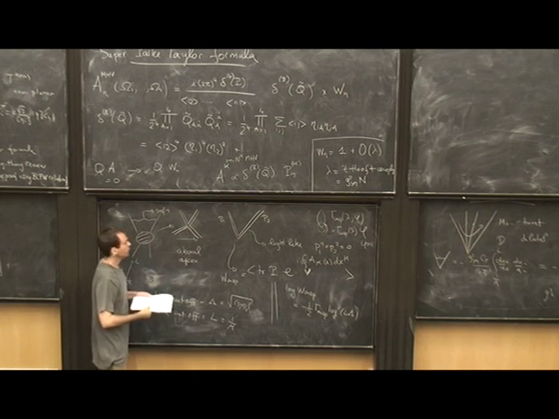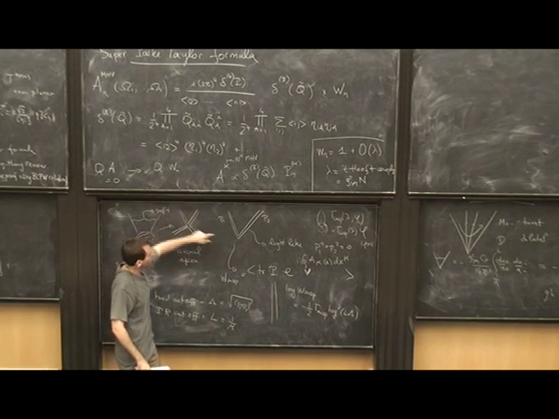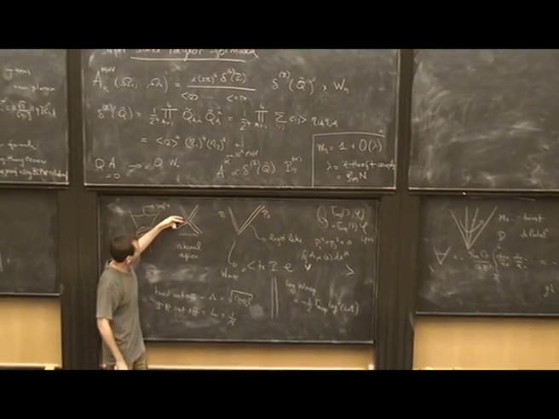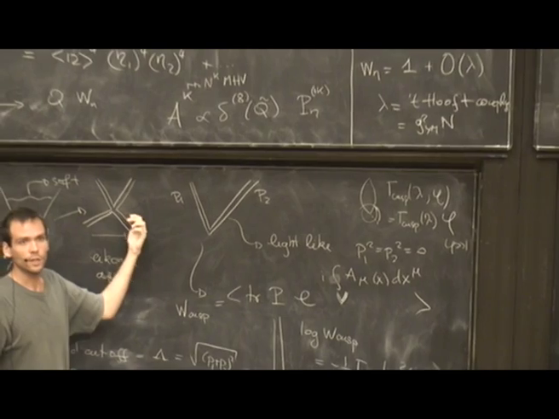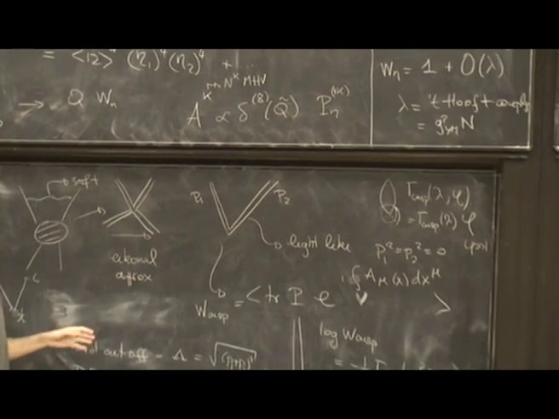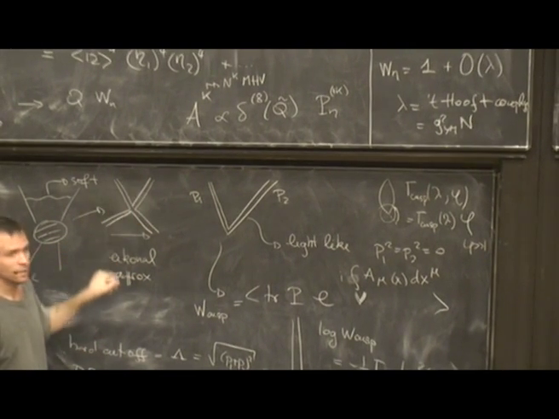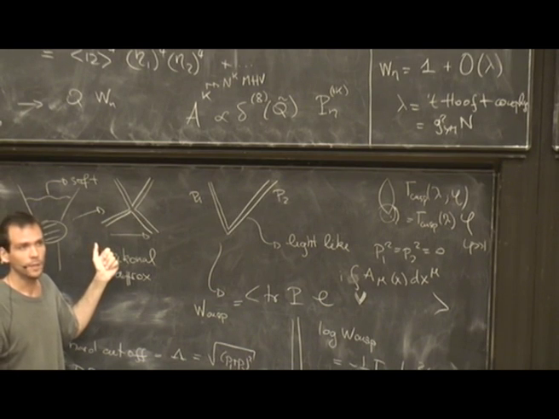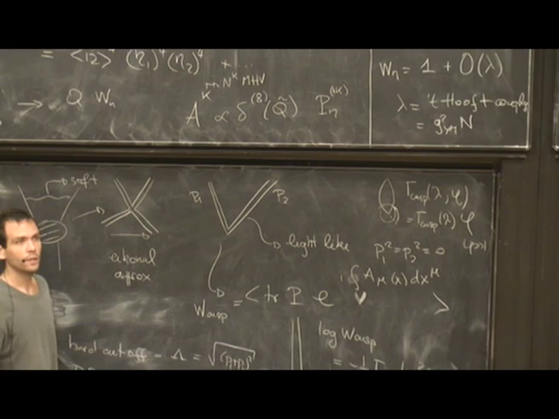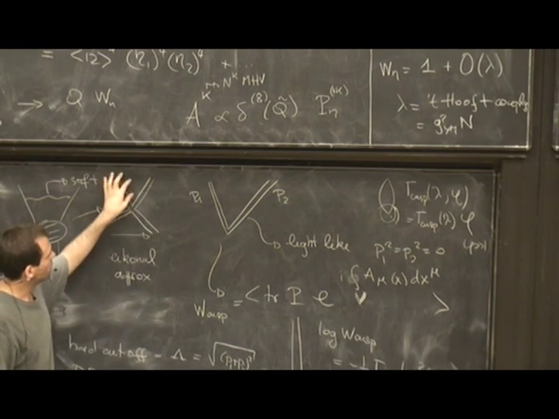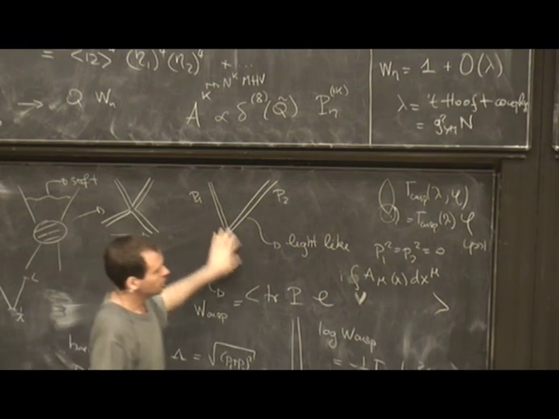One sector here probes the S channel, another sector probes the T channel, this one probes the S channel again, this one probes the T channel again. The structure of the infrared divergences is between nearest neighbors, because we are in the planar limit. It's just decomposing the amplitude into various sectors, and then you can analyze each sector separately, and this is what we did here.